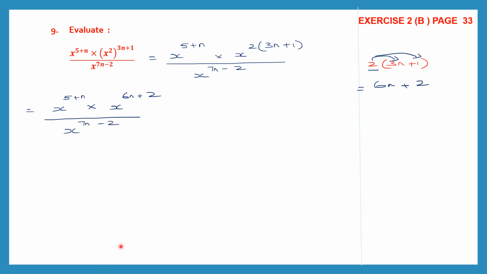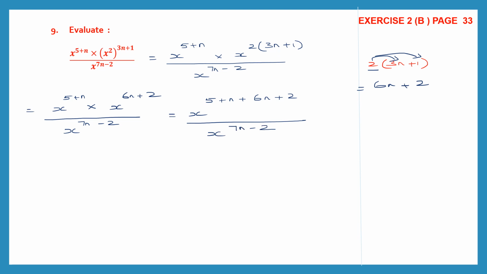So here now let's look at the numerator. Here the base is the same and it is multiplication. We can add up the powers. So this will become x raised to the power of 5 plus n plus 6n plus 2. And in the denominator we have x raised to the power of 7n minus 2.